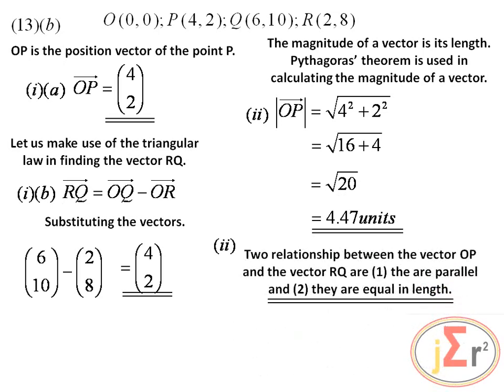Two relationships between the vectors OP and RQ are: one, they are parallel, and two, they are equal in length.